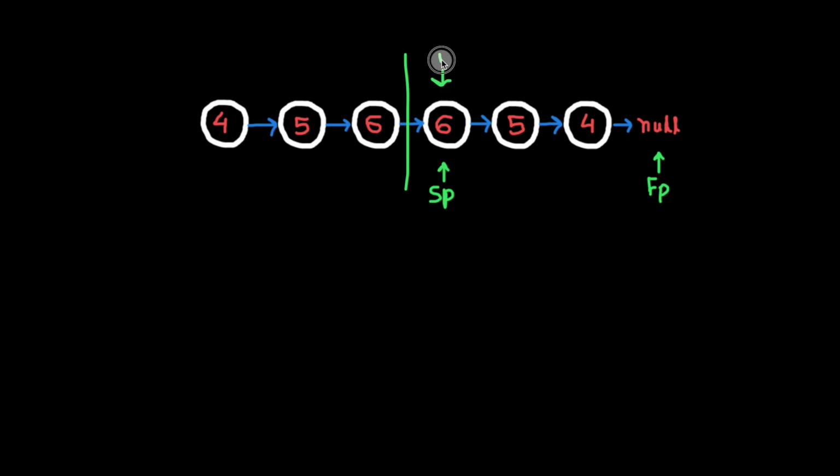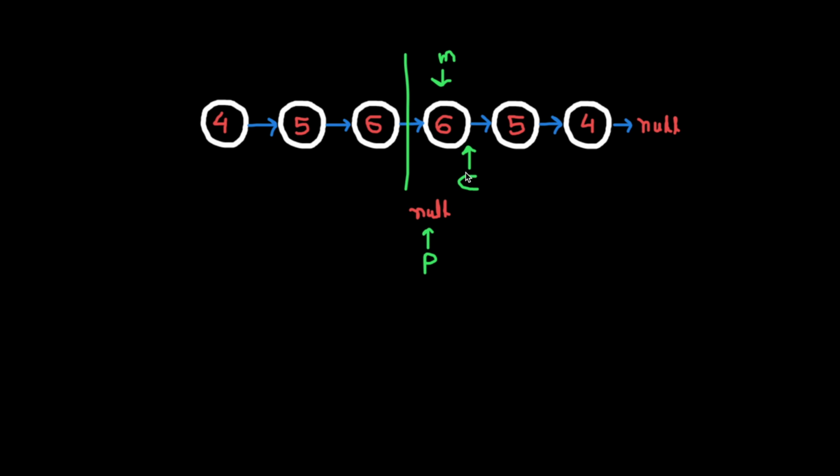Now what we will do is we will reverse this linked list. Okay, now to reverse this linked list, we'll have a pre pointer, and this pre pointer will be pointing to null. We will also have a current pointer, and this current pointer would be pointing to the mid element.